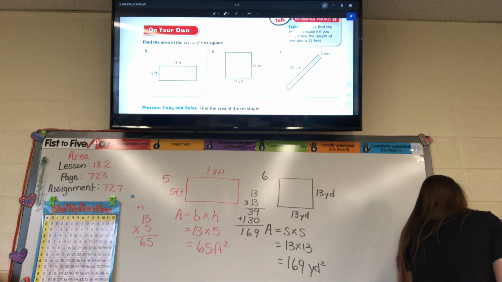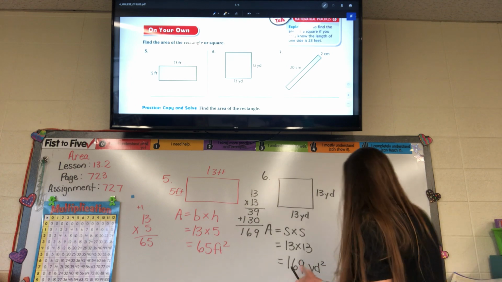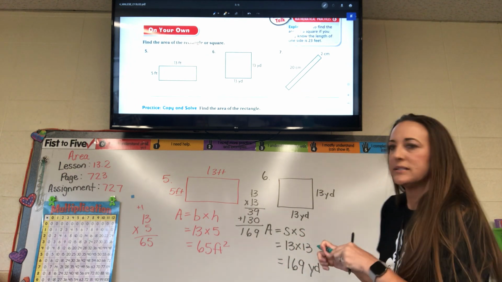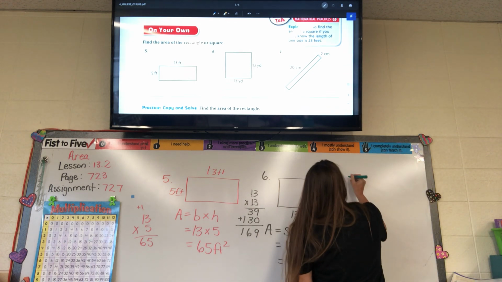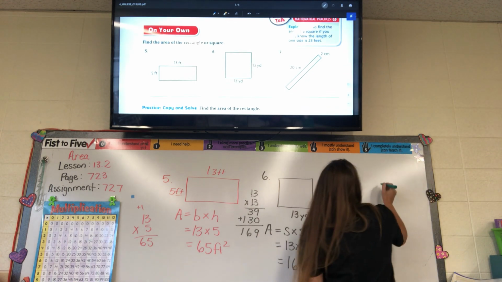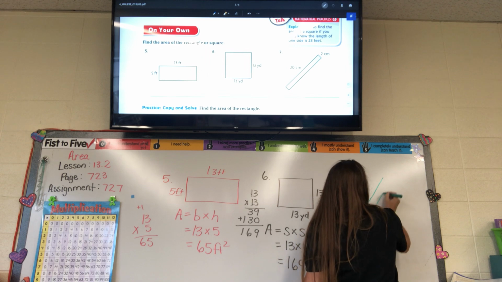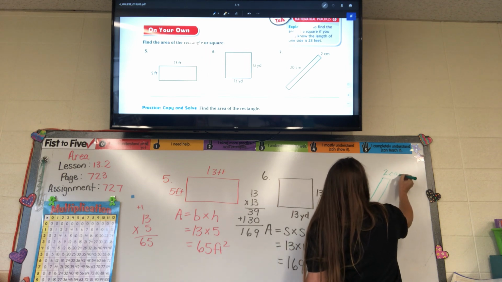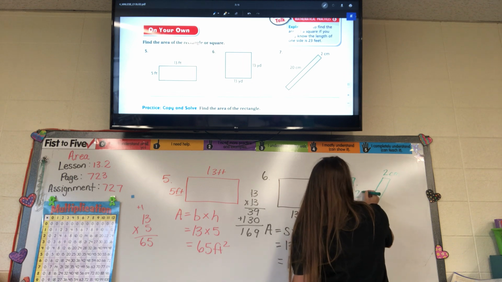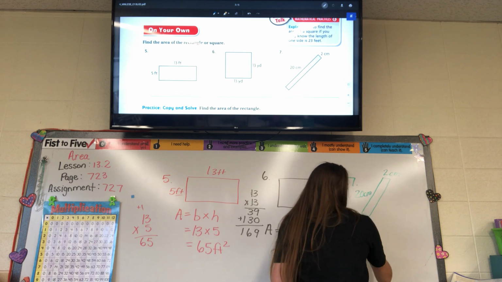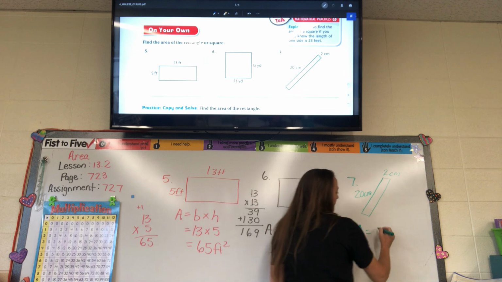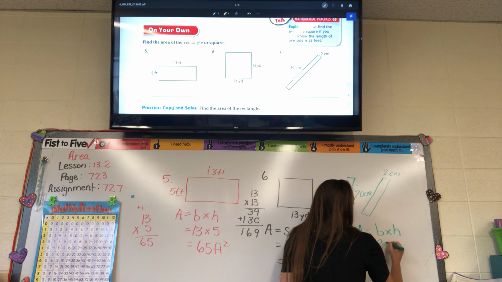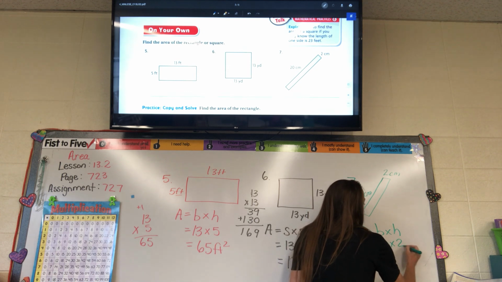Okay, and the last one is a skinny little rectangle. Let me make sure you guys can see. Okay, 7 is a long and skinny rectangle with 2 centimeters here and 20 centimeters here. So area of a rectangle equals base times height equals 20 for the base times 2 as the height.